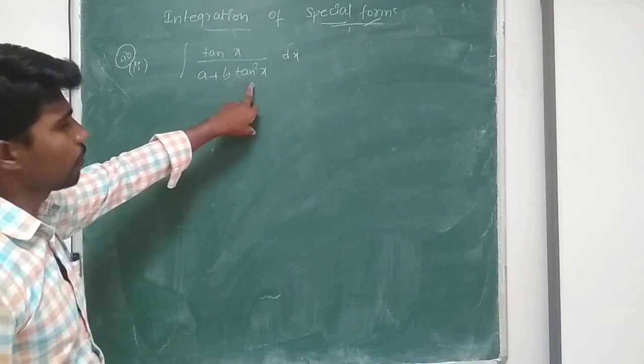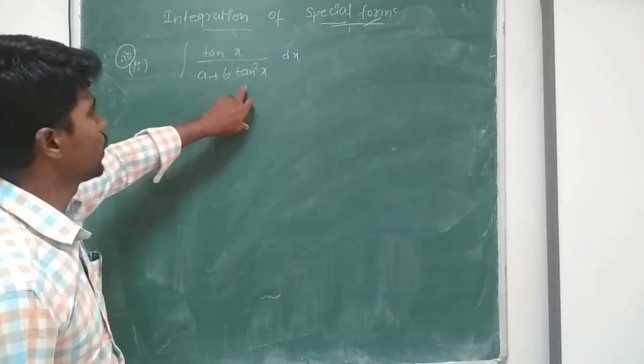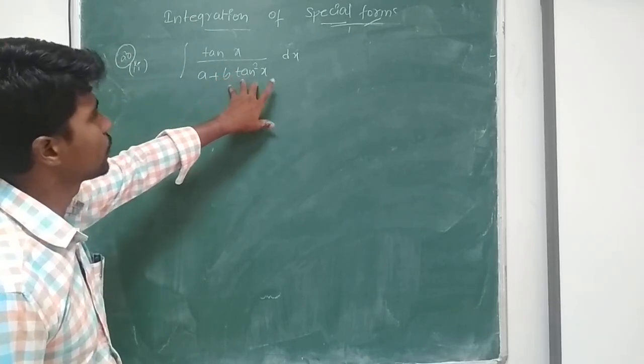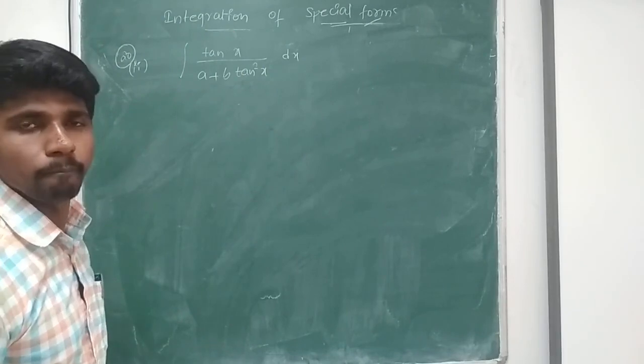If I consider this particular one as a function, what do we observe? Derivative of a is 0, derivative of this one is b into 2 tan x into the tan x derivative, secant square x. That's what we are not seeing in the numerator.